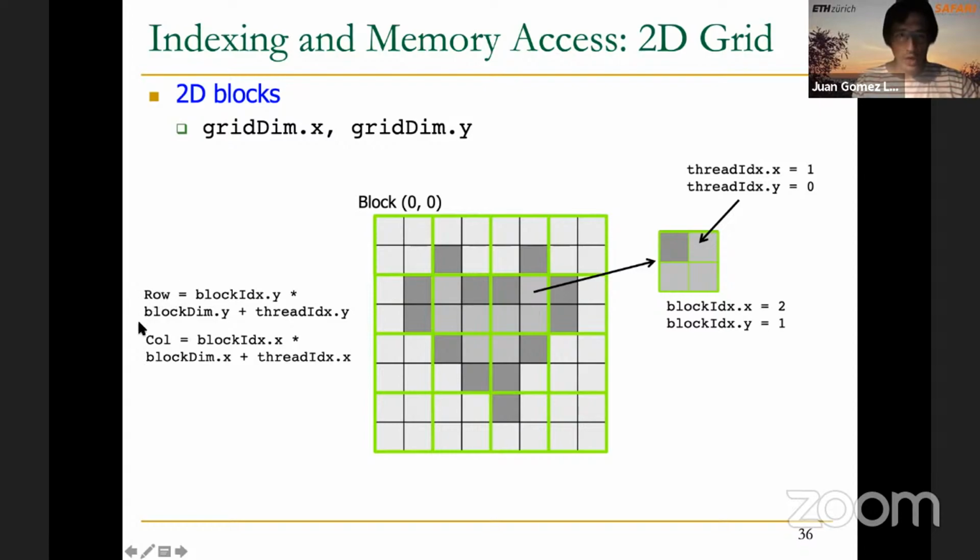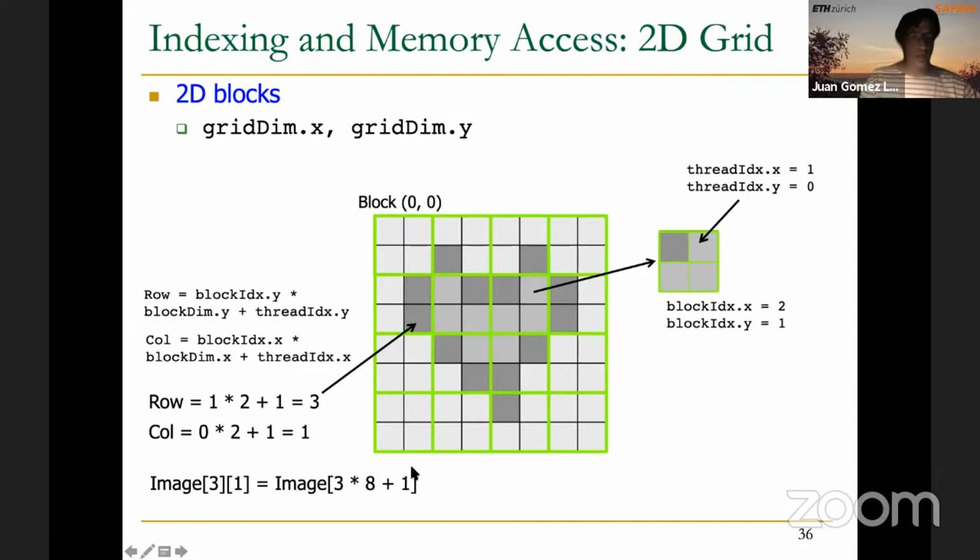We compute the row and the column where the particular pixel resides by using the block index Y, the block dimension in the Y direction, and the thread index Y, and the same thing for the column, but in this case using the X dimension instead of the Y dimension. So you'll see this element, for example, is in row 3 and column 1. The way that we calculate the row and the column is based on the thread index and the block index.